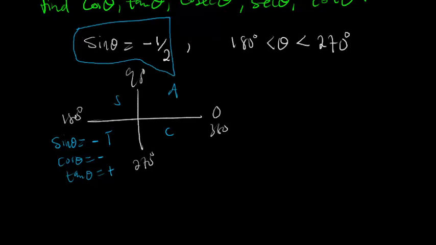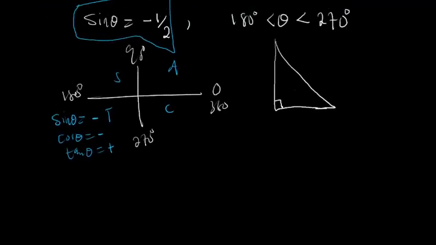Now don't forget, I said you are going to start by using the right angle triangle. So sine theta is minus 1 over 2, and that means we have opposite over hypotenuse.